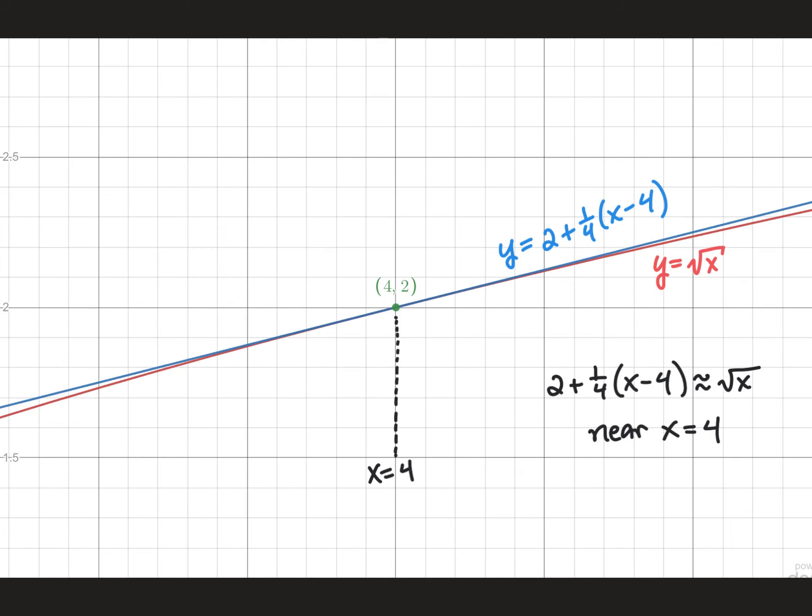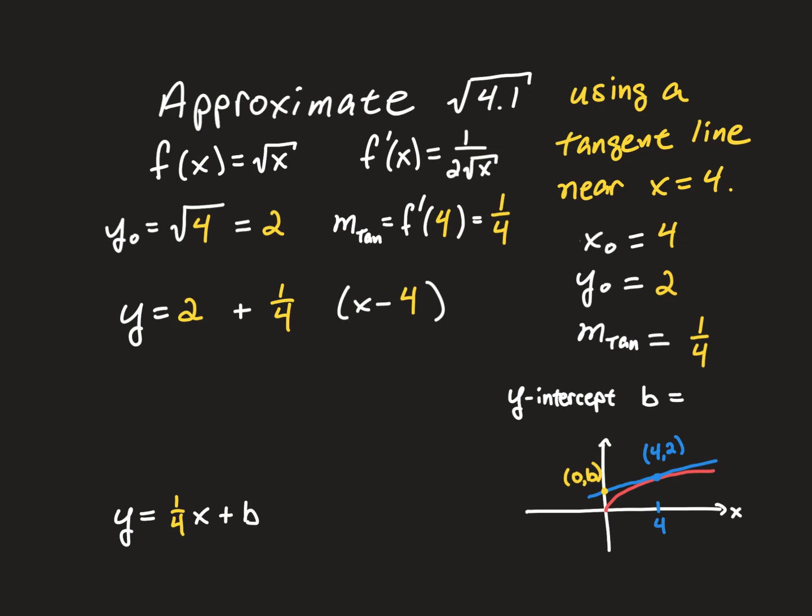We could change this form of the equation of the line into the mx plus b form. But to do that, we'll have to set x equals 0 to find what the y-intercept is. So we need to find this value here. So let's go ahead and do that. The y-intercept is when we put x equals 0 in.